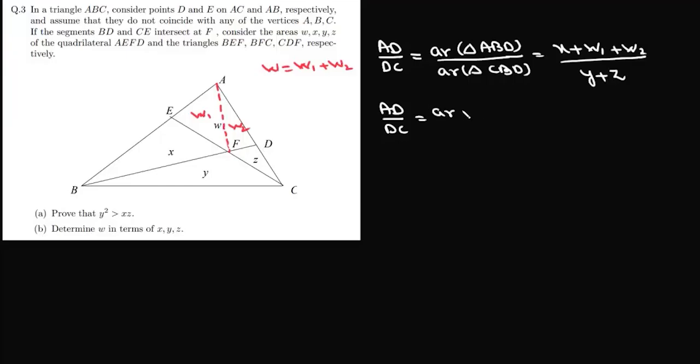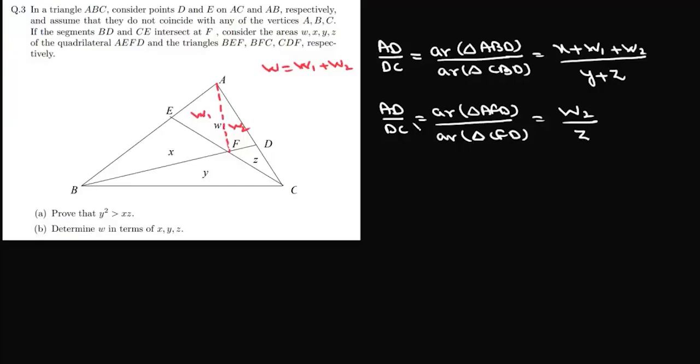So this ratio will also be equal to the ratio of areas of triangle AFD upon area of triangle CFD. Now the area of triangle AFD is W2, and the area of triangle CFD is Z.